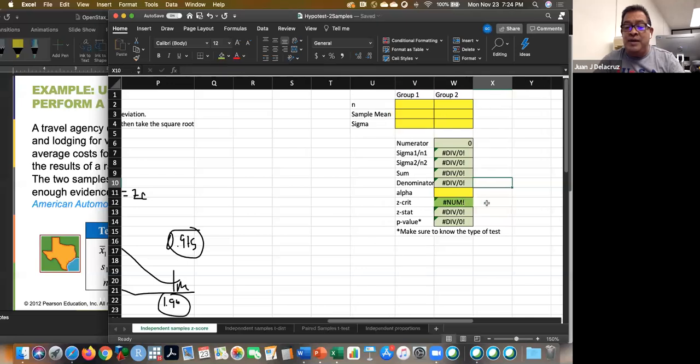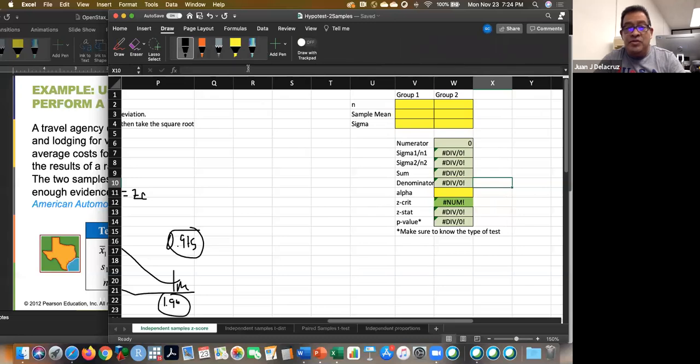I don't have to be looking for something else. This is the alpha that is going to be compared to the p-value, right? So that is one step. The second is to compare the two critical values.